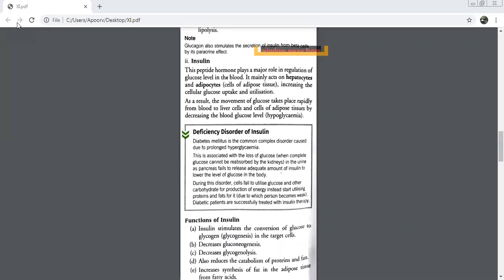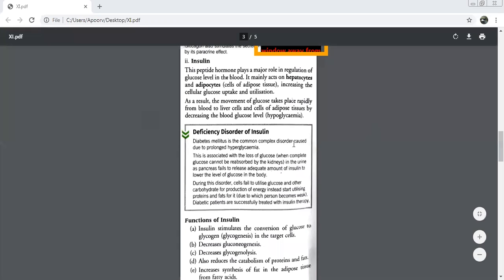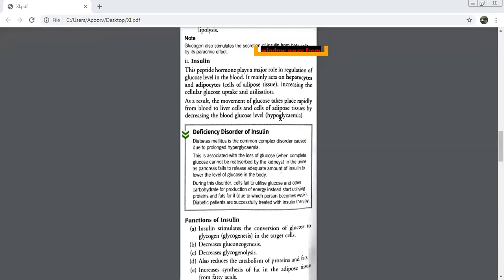And what is this new word coming your way? Please read this. Hypoglycemia. And what was the previous one where we had higher glucose level? Hyperglycemia. Quickly we are going to revise hyper and hypo.